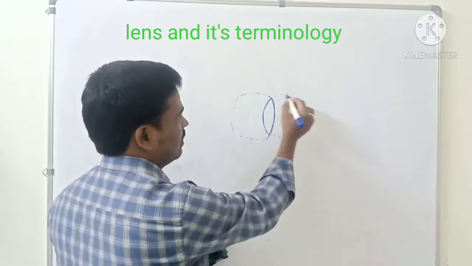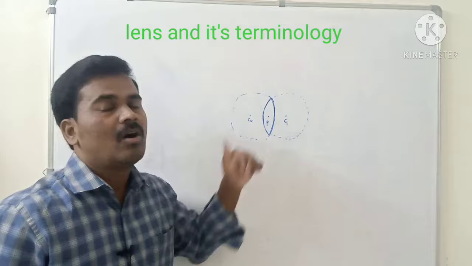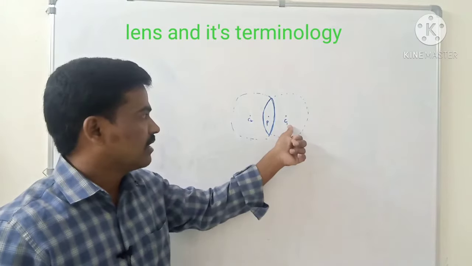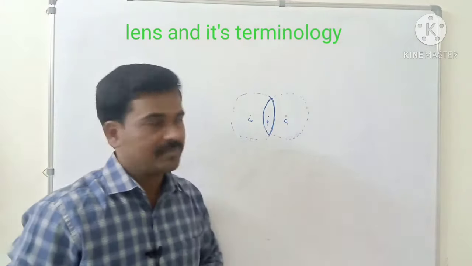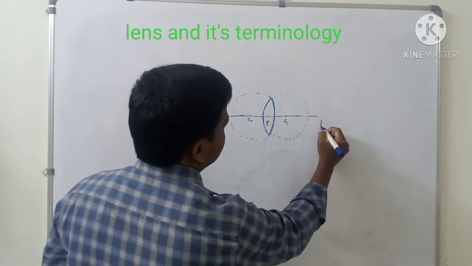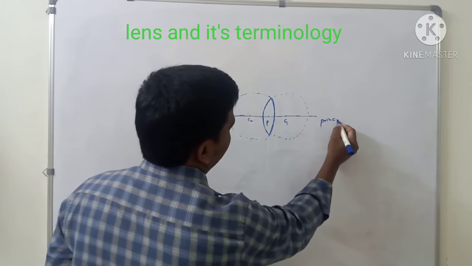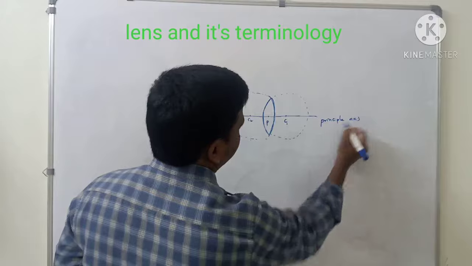So the centers of curvature are C1 and C2, and the middle point of the lens is called the optic center. The line joining the centers of curvature and the optic center is called the principal axis.